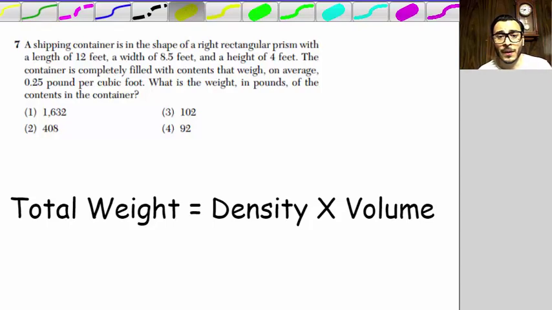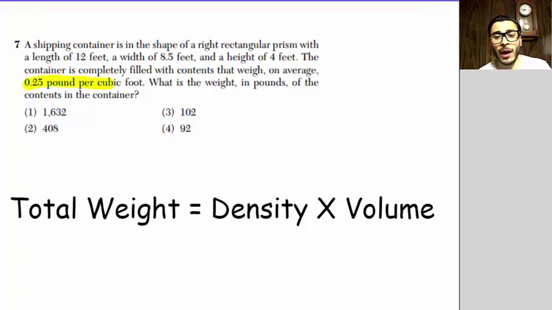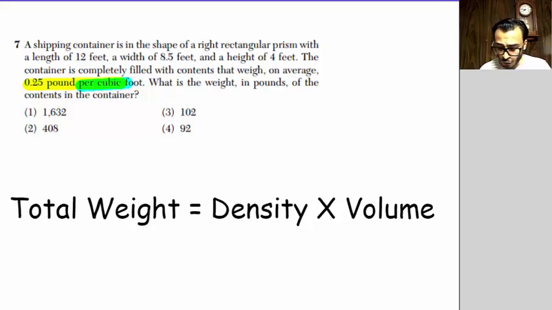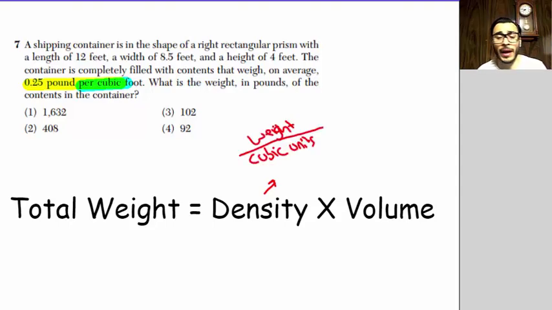So if you look here, it says the container is completely filled with contents that weigh on average 0.25 pounds per cubic foot. What gives it away that's the density is the per cubic foot. So you know you're dealing with density when you're dealing with pounds, grams, whatever, some weight over cubic units. So that's how you know that 0.25 represents the density.